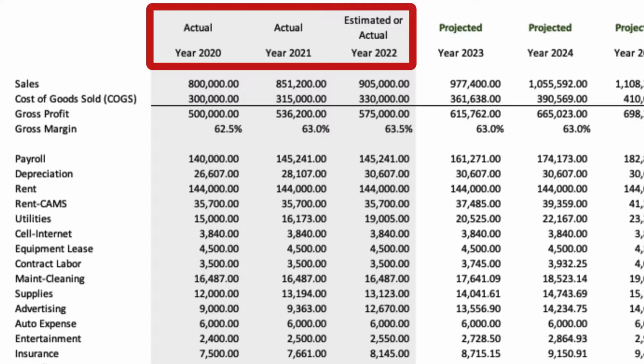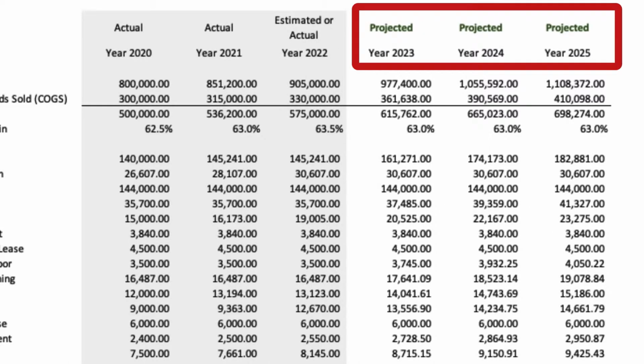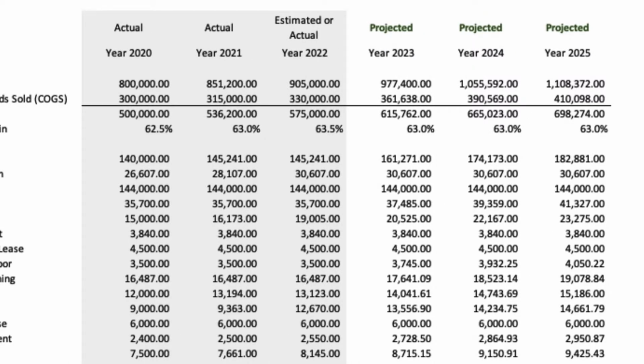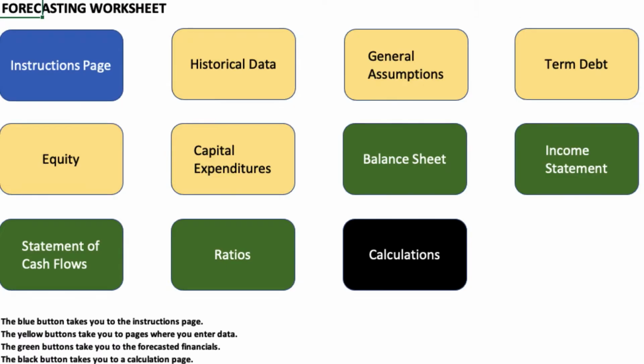Again, we have 3 years of completed data and 3 years of projections. So when we're done with this process, we're really looking for having completed projected financial statements. You can see here we again have for the year 2023, 24, and 25. Let's go back to the first page.